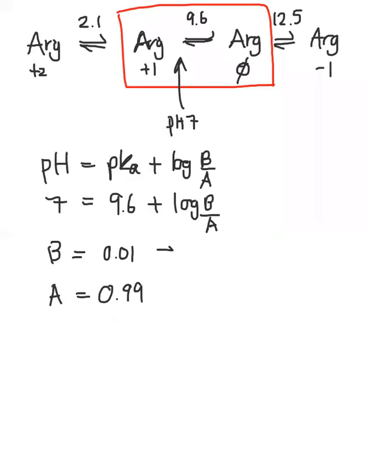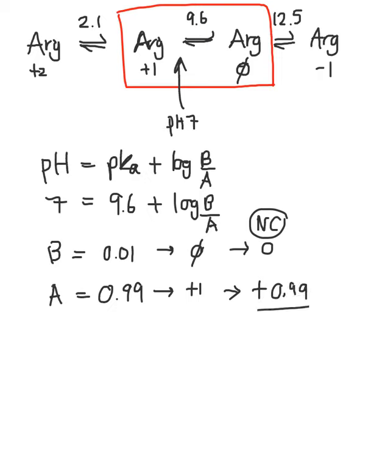Again, the B ratio gives a neutral charge, so its contribution is 0, while the A ratio gives 0.99 and this gives plus 1 charge. So the total net charge here would be plus 0.99. Again, this doesn't match what we want, 0.09. So arginine is still not the answer we're looking for.